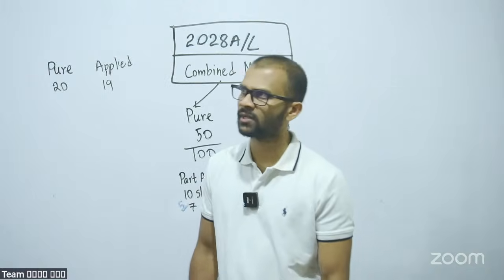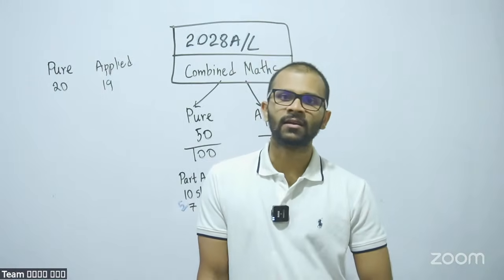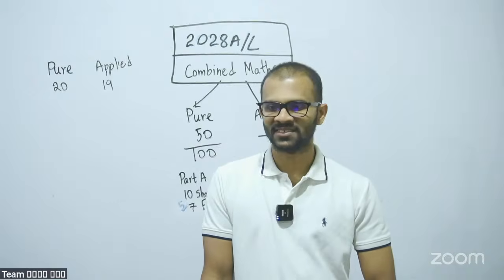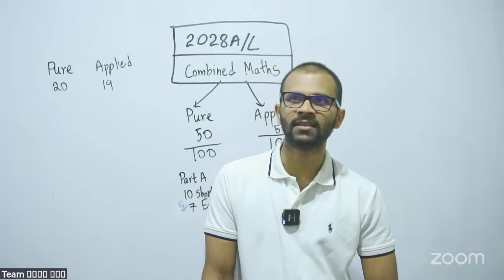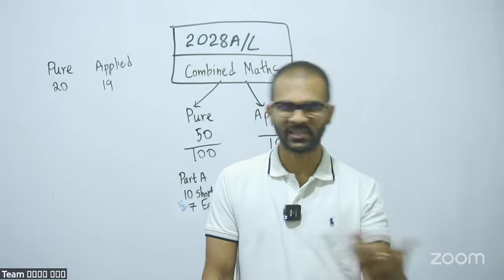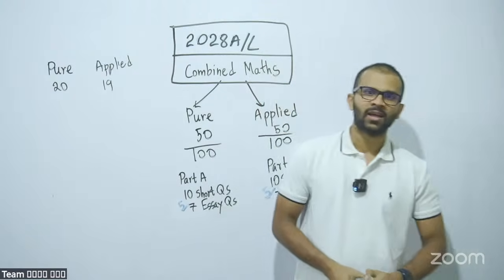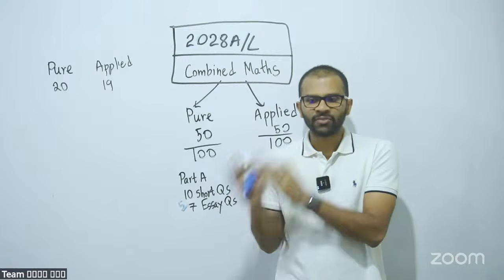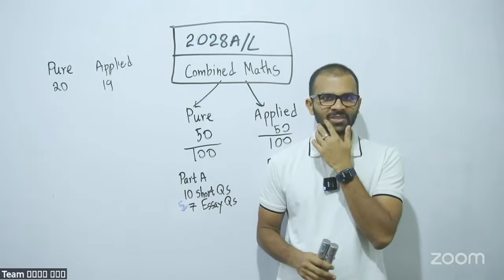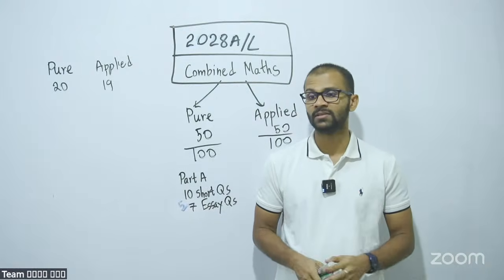For chemistry, if I am correct, there are 14 lessons. For physics, there are 13 or 14 lessons. We will say it's 15 generally. There are 15 lessons each for chemistry and physics, but combined maths is the main subject.